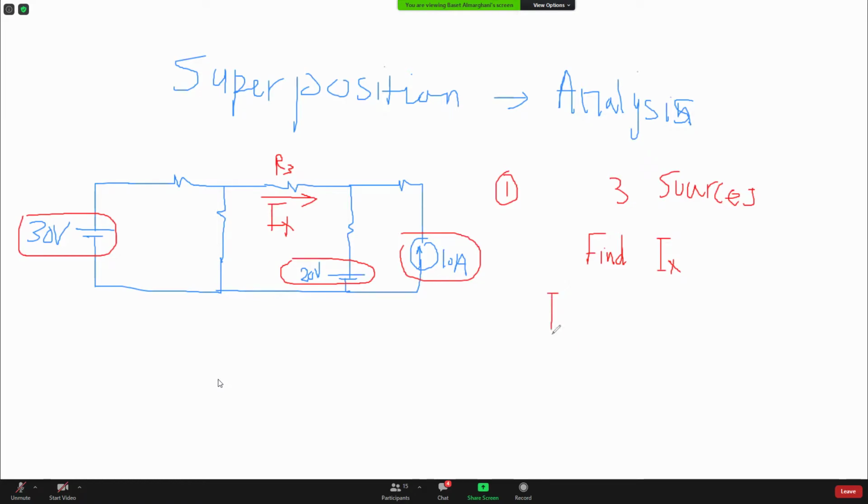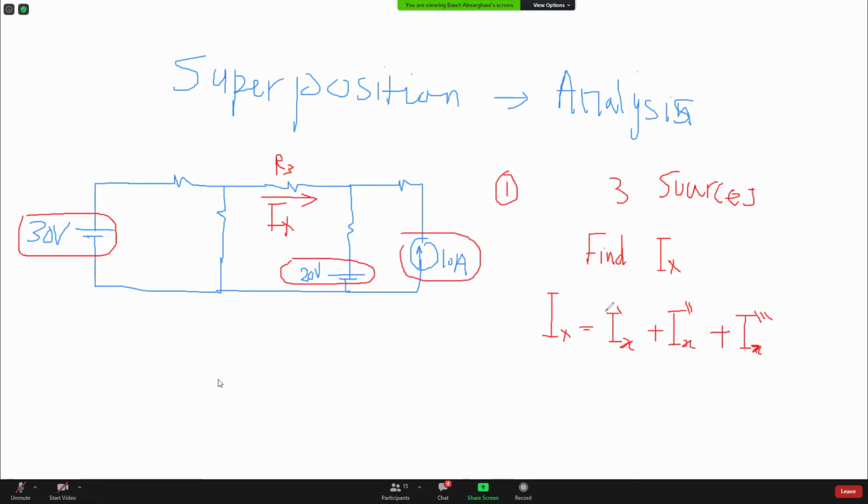You have three sources, so it is three currents, each one of them Ix. Ix is the sum of the currents because of one source at a time. This is Ix because of the first source, this is Ix because of the second source, and this is Ix because of the third source.